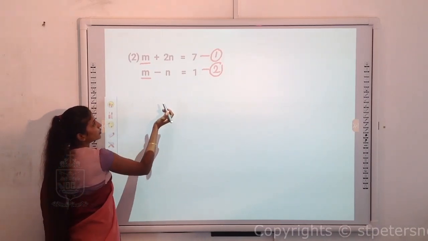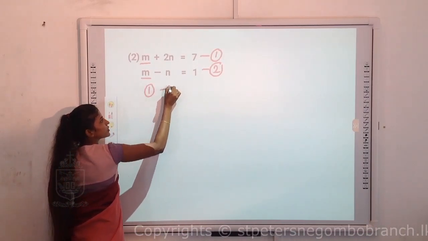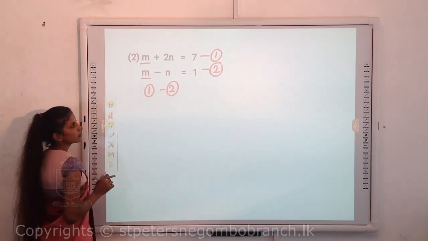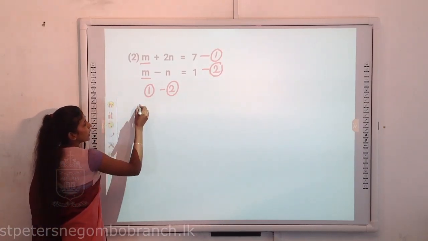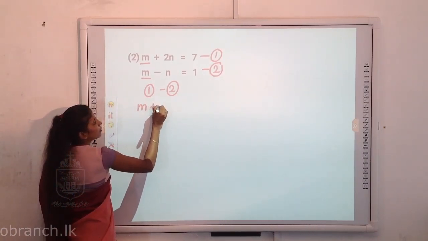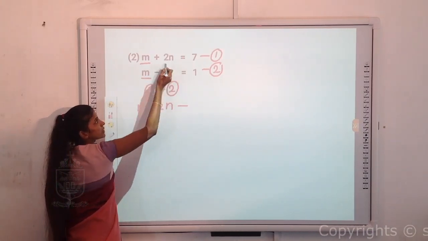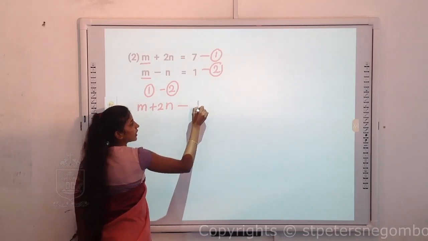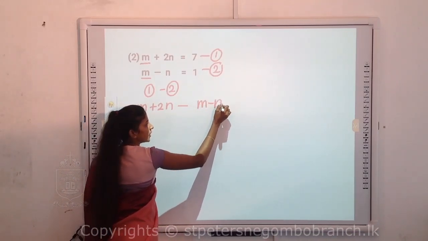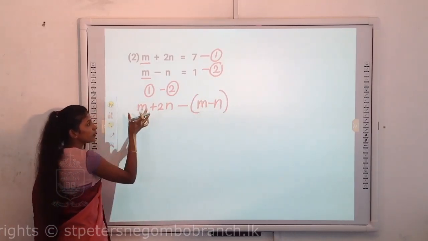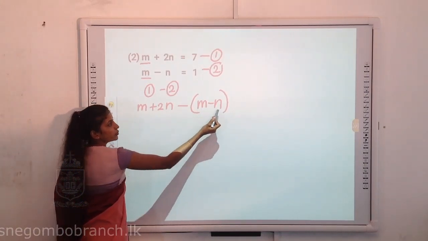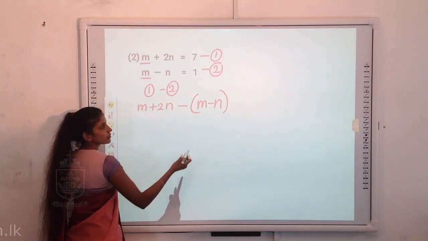Right. Now I'm going to subtract the two equations like this. 1 minus 2. So I'm going to write, but I'm going to subtract here m plus 2n minus, write this expression inside the bracket. m minus n is subtracted from this expression. You have to put the bracket since you have two terms.